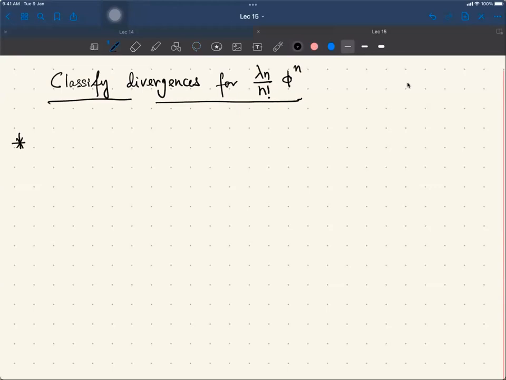So what we can do is to write the superficial degree of divergence omega entirely in terms of the number of external lines and the vertices, E and B.